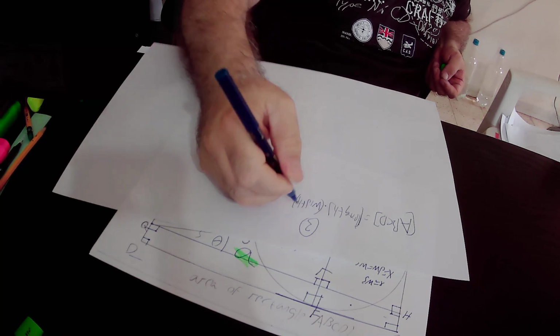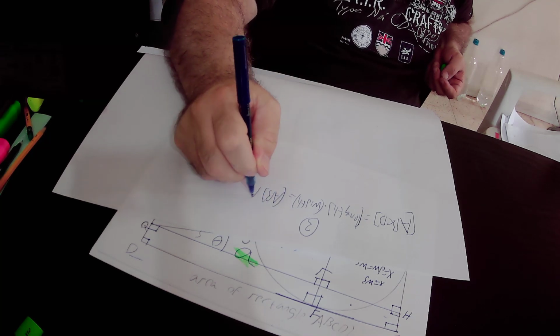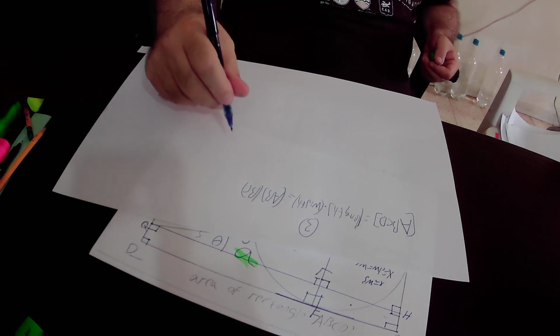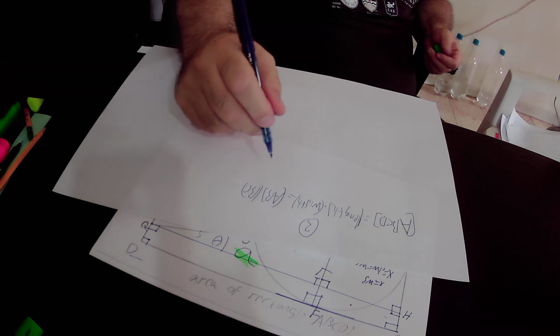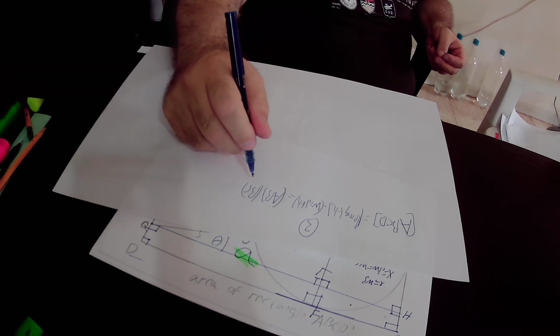The length is equal to AB, the width is BC. AB times BC is the area of rectangle ABCD.